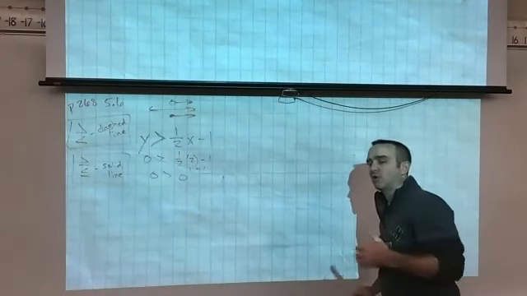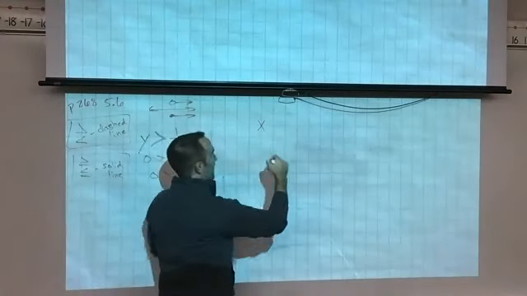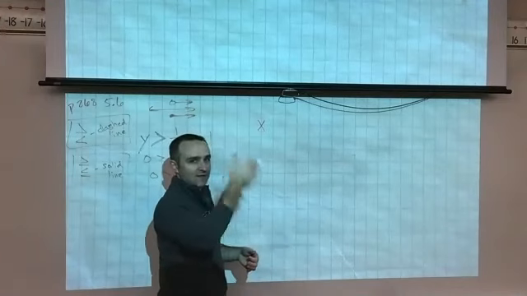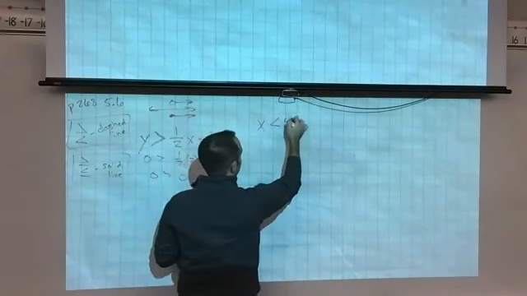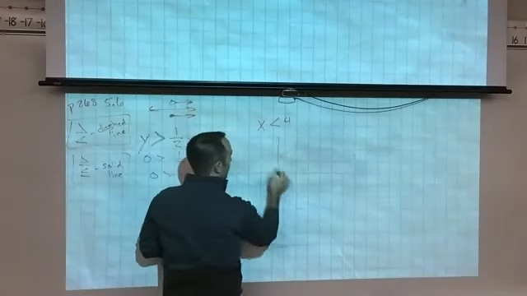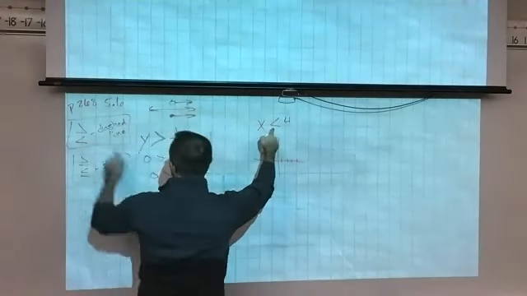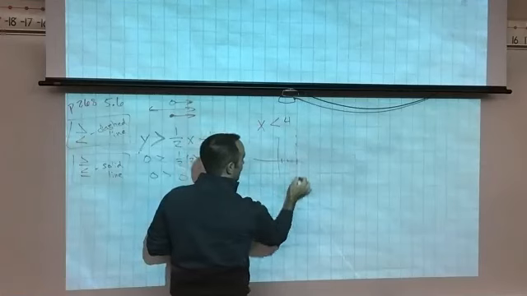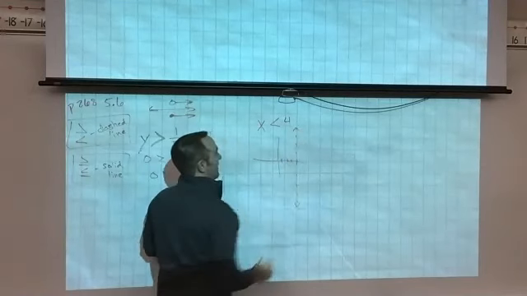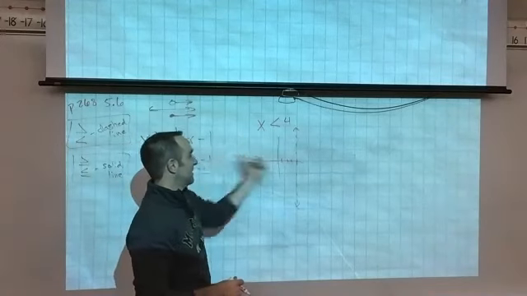If you have a vertical line, it's going to be the equation x equals a number, right? We talked about that. So let's say it's x is less than 4. If I'm going to graph that, I'm going to be at 4. X is 4. This is going to be a dashed line because that's what we just talked about. It's going to be a dashed line at 4. And then instead of shading above and below, if it's just your x, if it's less than, it's to the left.